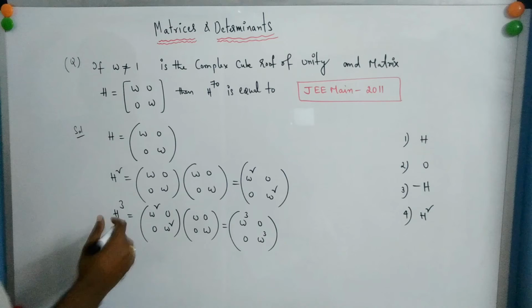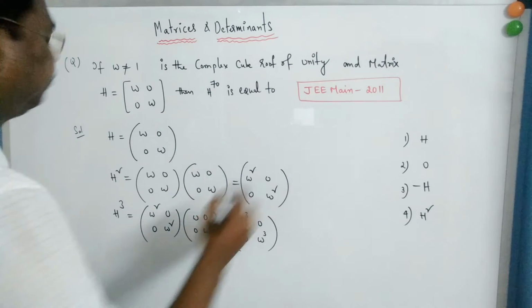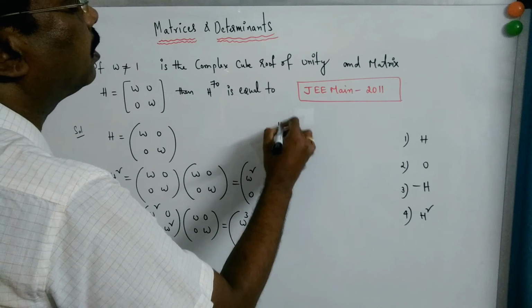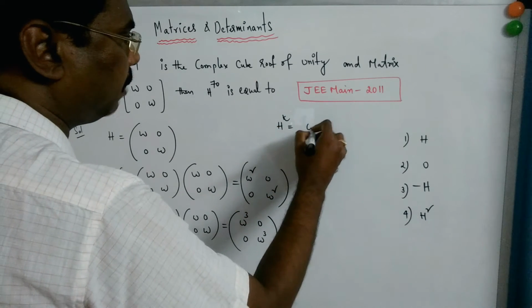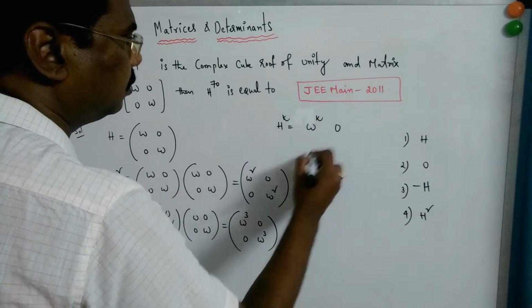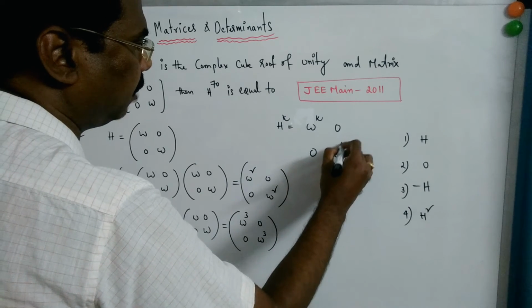Okay, similarly H power k is equal to omega power k 0, 0 omega power k.